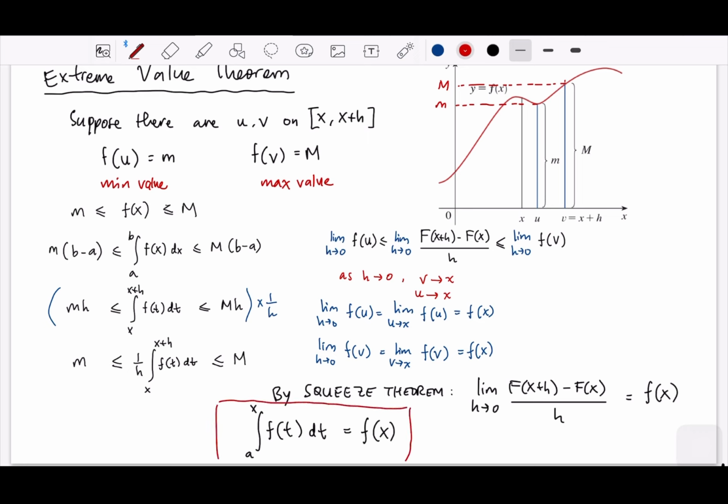Okay. So what it means is, if we take this f, we take the integration, and we take the derivative, this will go back to f of x.